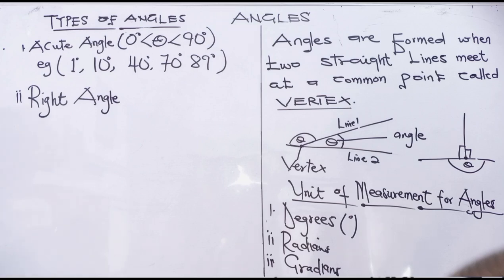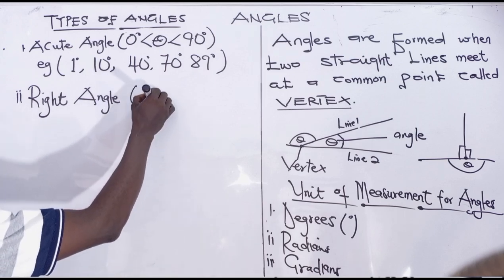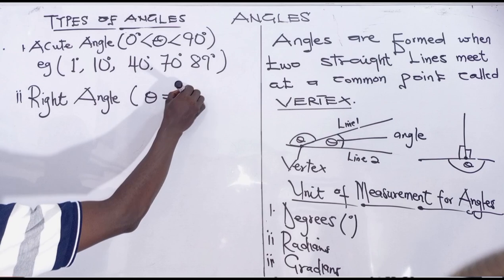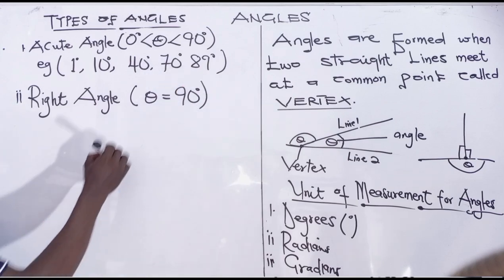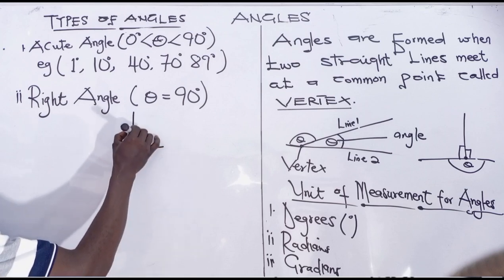When we talk about a right angle, it is an angle whose measure is equal to 90 degrees. It is mostly represented with this symbol.